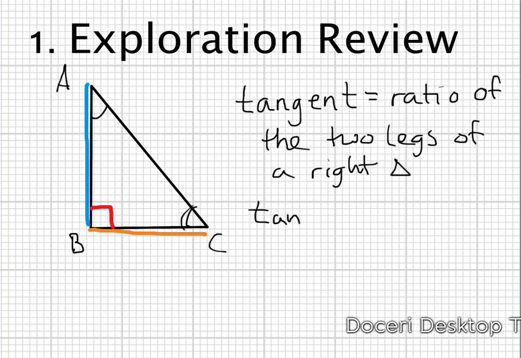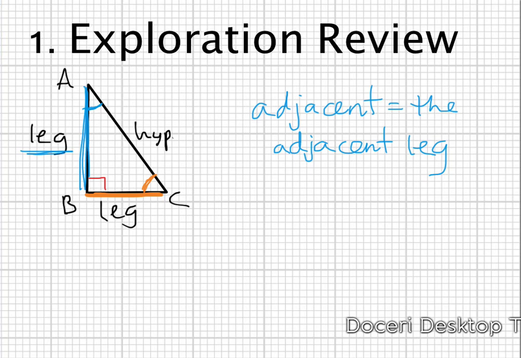Then when we talk about which angle we're talking about, I would say tangent of angle A or tangent of angle C. Now, this makes a difference because the tangent ratio is when we take the opposite leg. That is one thing I forgot to mention in the last slide. When I say opposite, I'm saying the opposite leg.